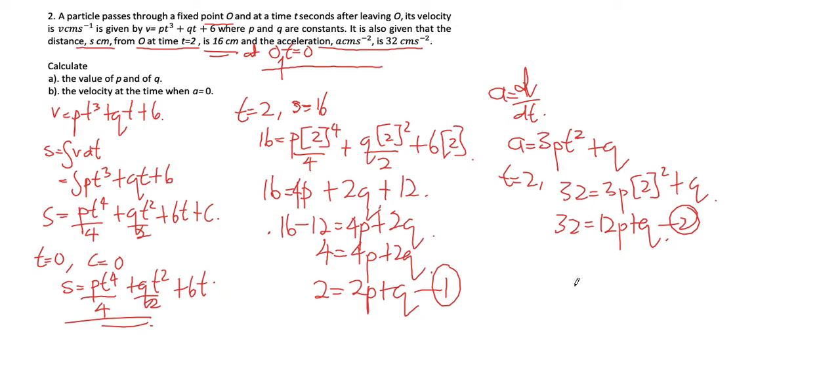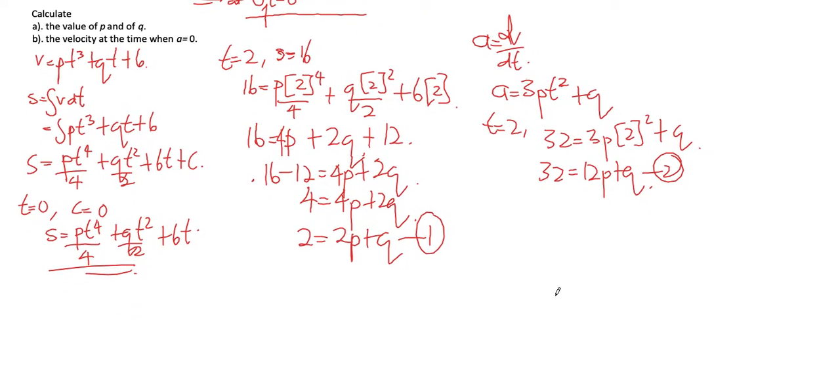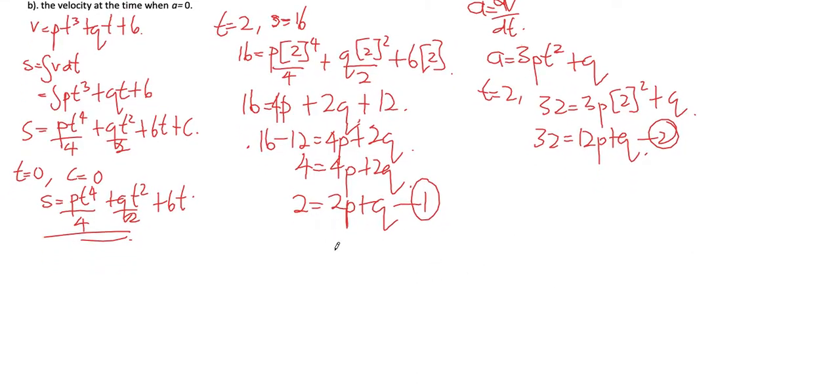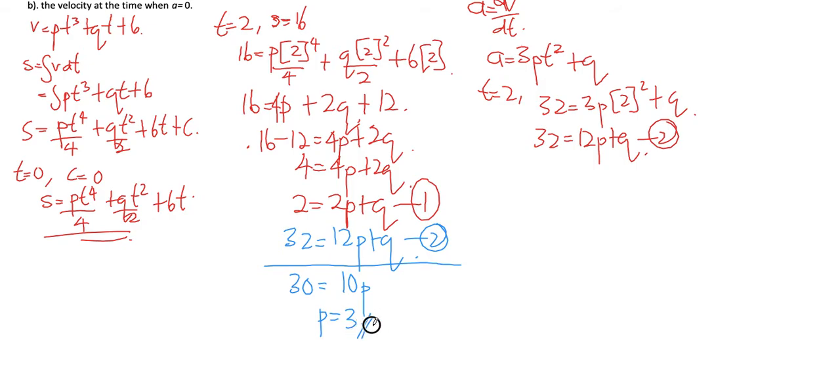Now let's solve equations 1 and 2. So I have 32 equals 12p plus q, that's equation 2. 32 minus 2 is 30, 12p minus 2p is 10p, and q minus q is gone. So from there we know p equals positive 3. Quite straightforward. Now sub p into any of the equations to find q.